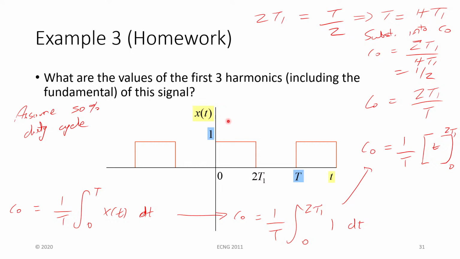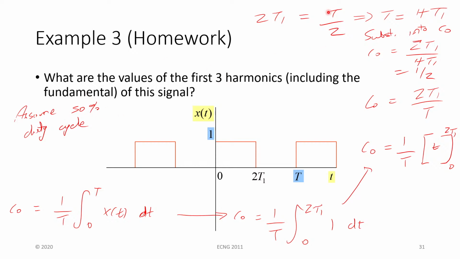To get this mapping, we say that the on time, or basically when the graph given to us has a non-zero value, we need to know for what time that exists. We see that when the graph is not at 0, the time that it occurs is in between 0 and 2t1. So this on time is 2t1, mapping to a 50% duty cycle. And the 50% duty cycle, when you map this with respect to T, is just T divided by 2, because it's 50T divided by 100, which resolves into T divided by 2.